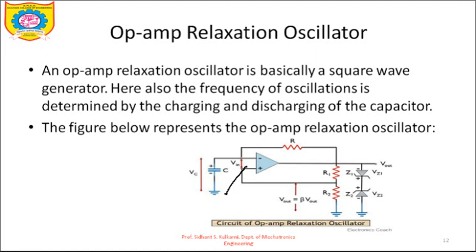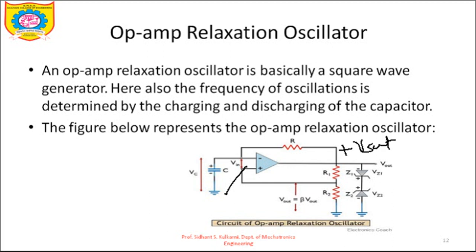Now there is also a Zener diode connected. The Zener diode will decide whether it is forward biased or reverse biased, and as you all know, when the Zener diode is reverse biased, it acts as a voltage regulator, and when it is forward biased, it acts as a normal regular diode. In this case, let's assume that initially the op-amp is at plus V saturation.